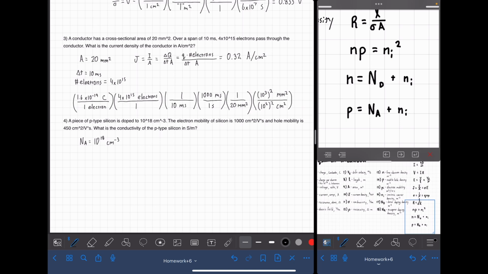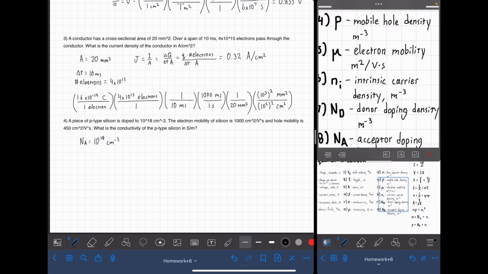The electron mobility of silicon is 1,000 centimeters squared divided by a volt second, and the hole mobility is 450 centimeters squared divided by a volt second. So these are our carrier mobility terms.